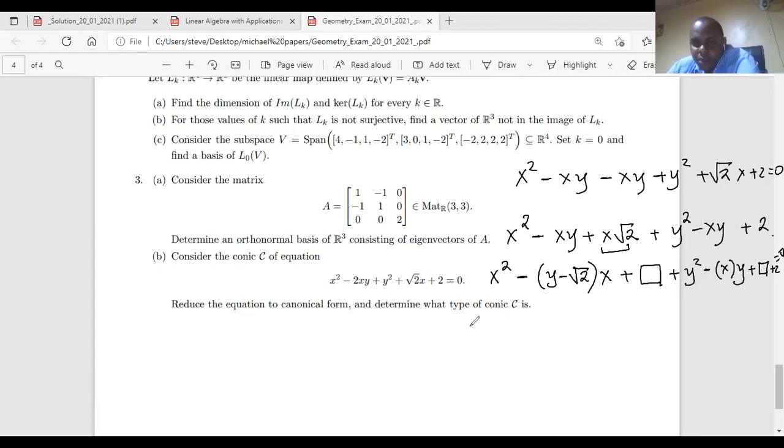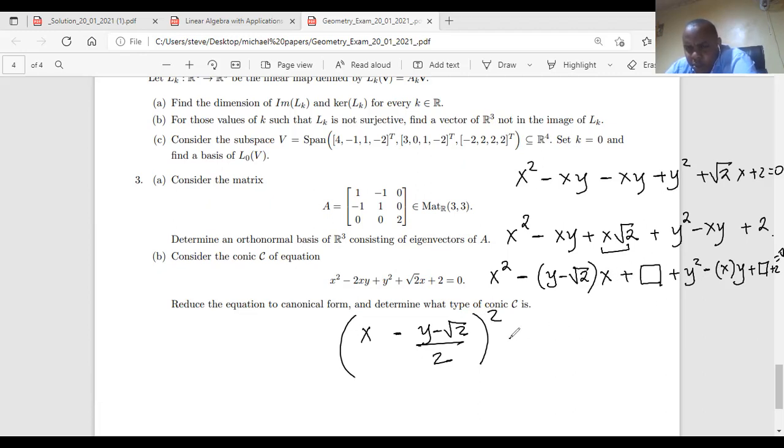And so this is going to be x squared. Whatever goes in the box is going to be the y minus 2 over 2. So this is going to be x squared minus y over square root of 2 over 2. No, this is simply x, like that.